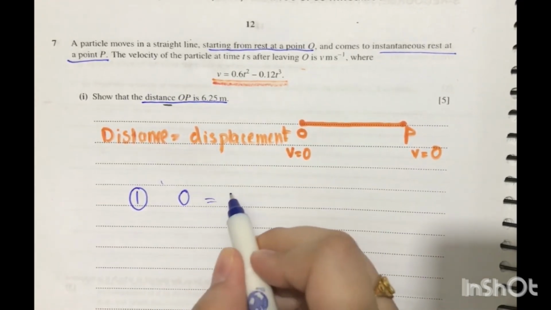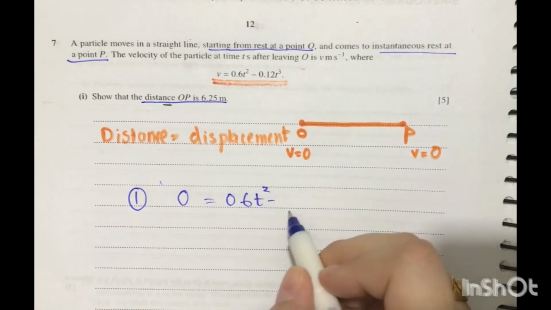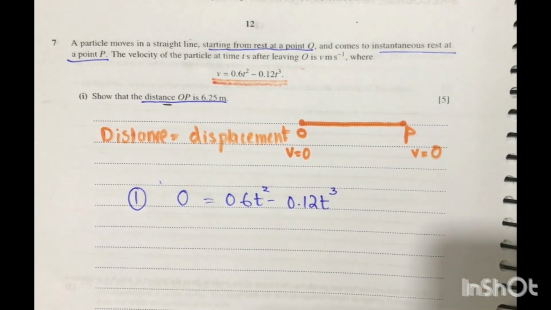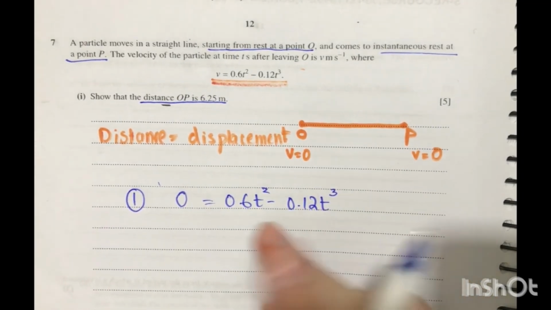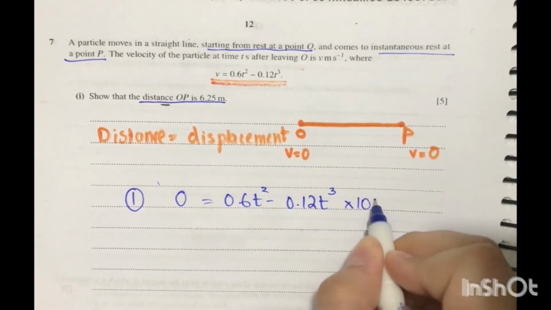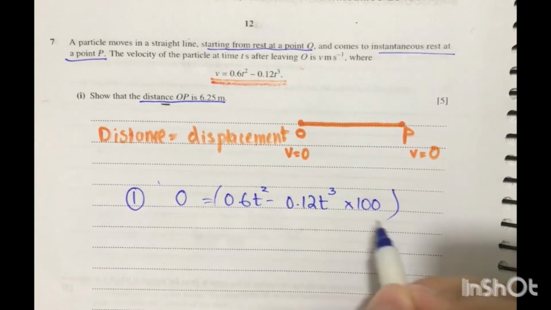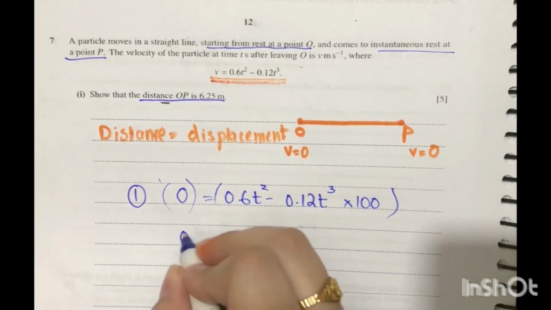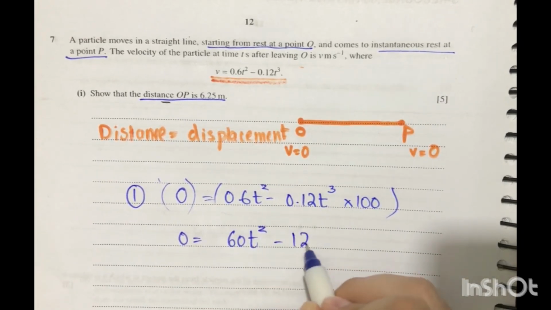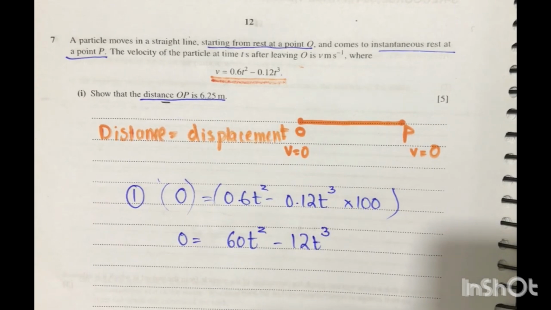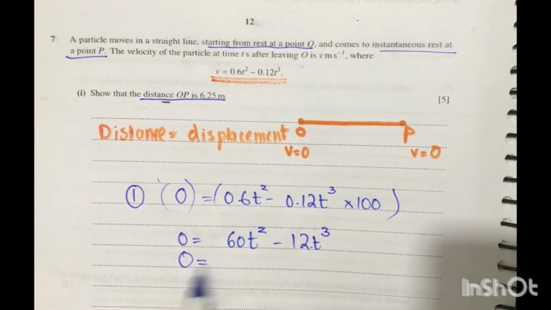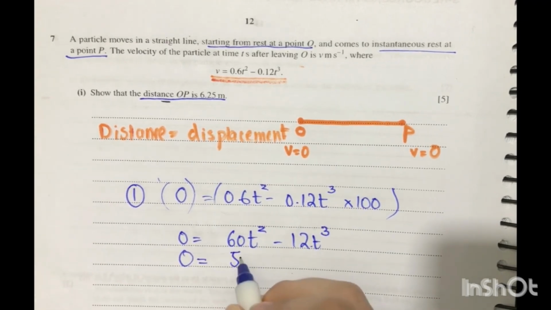So 0 equals 0.6t squared minus 0.12t cubed. First let's make these whole numbers, so I'll multiply both sides by 100. So 0 equals 60t squared minus 12t cubed. Now we can simplify this further by dividing both sides by 12.